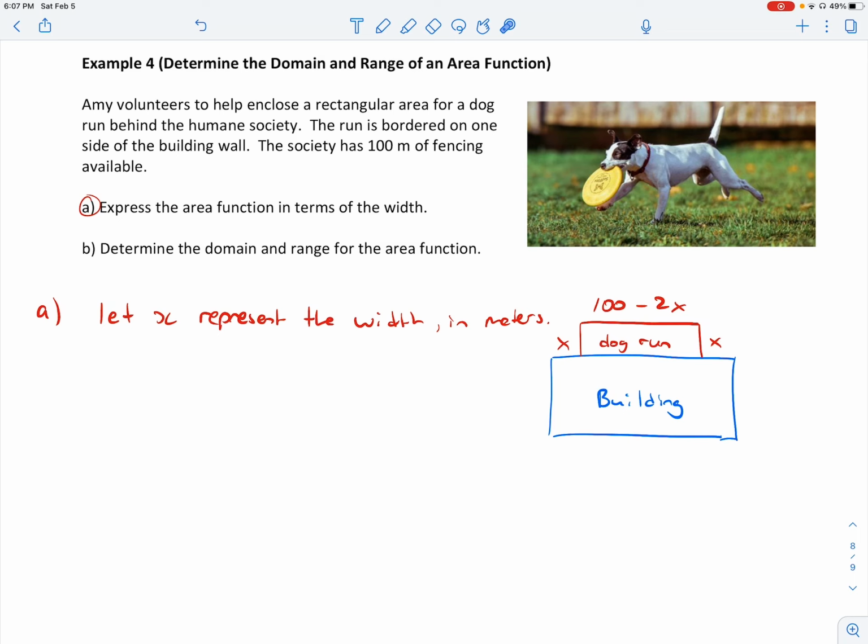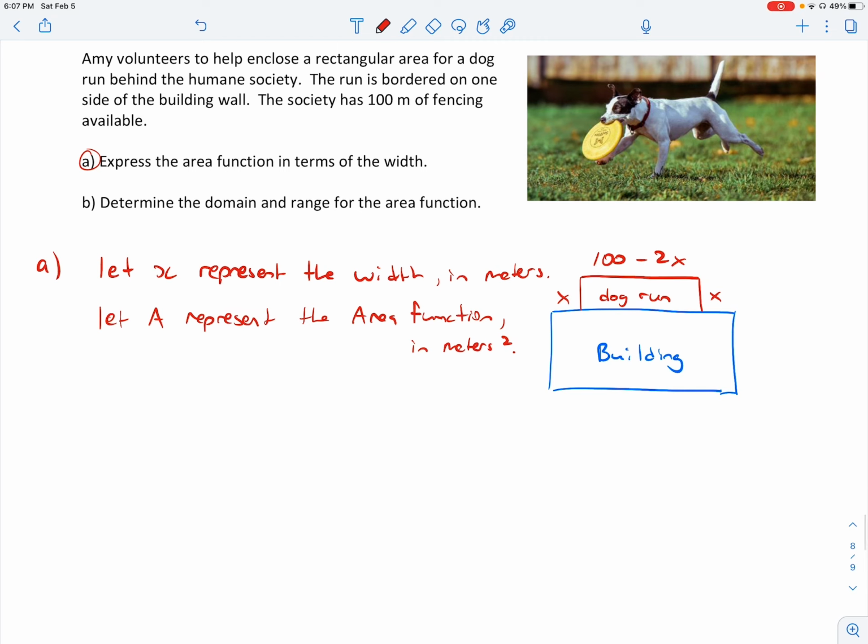The area we'll give that symbol A. So I can write that in here. Let A represent the area function, and that's going to be in meters squared. I'll put the exponent there for that.